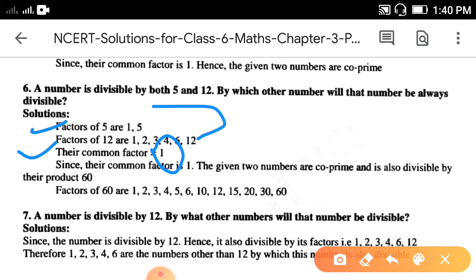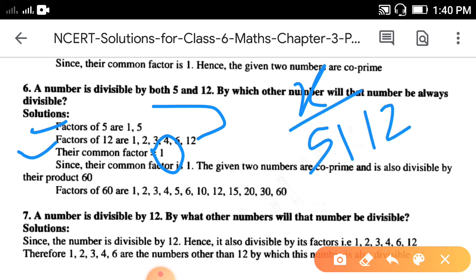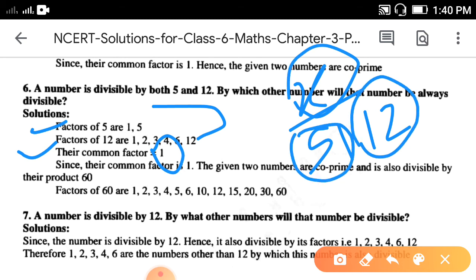Okay, the number x is divisible by 5 and also divisible by 12. So this number must be divisible by the common factors of both numbers. But what is the common factor? 1. Obviously the given number will be divisible by 1.